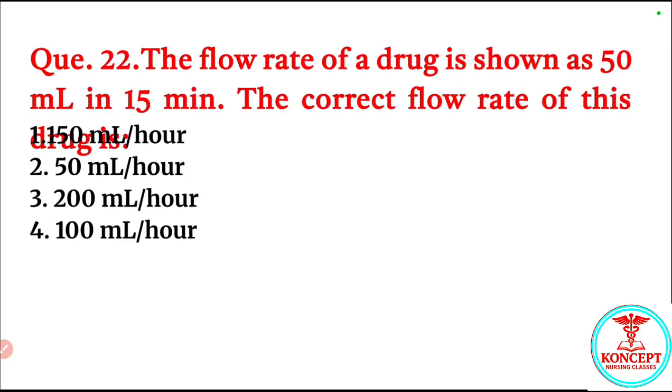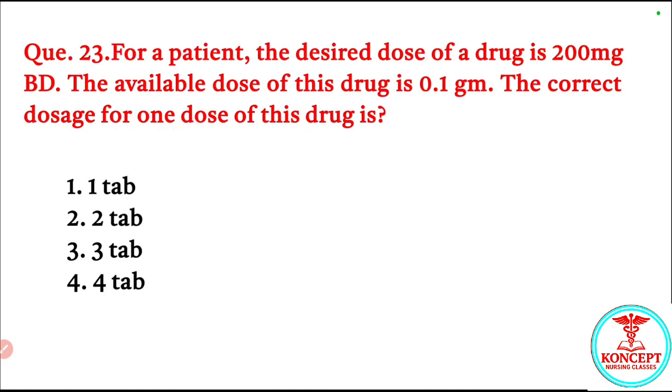Next, the flow rate of a drug is shown as 50 ml in 15 minutes. The correct flow rate of this drug is. Correct answer is option 3, 200 ml per hour. Next, for a patient, the desired dose of a drug is 200 mg BD. The available dose of this drug is 0.1 gram.